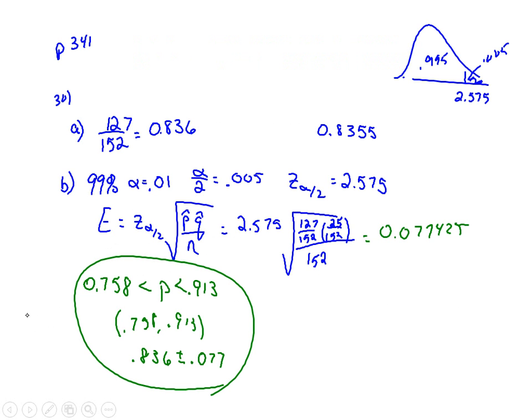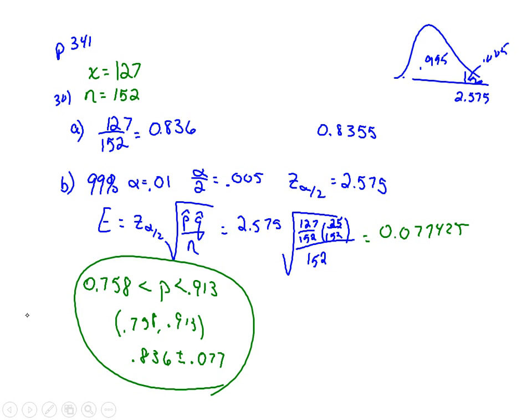Using the calculator on this one, what would go where? So I've ruled out the 0.836 and I've ruled out the 152. So 127 is the piece that's left. X is the number of successes. It's not the proportion of successes. It is the number of successes. N is what in this case? 152.